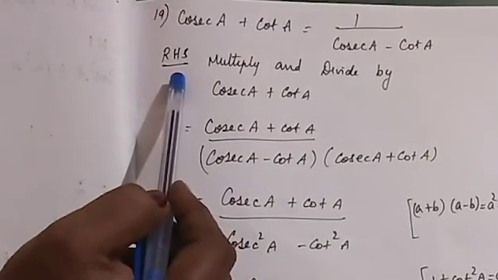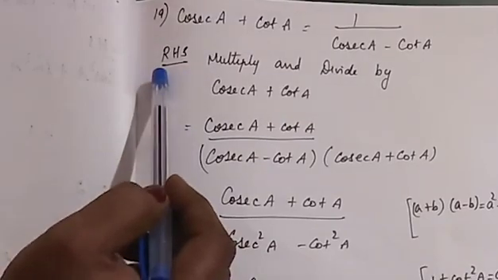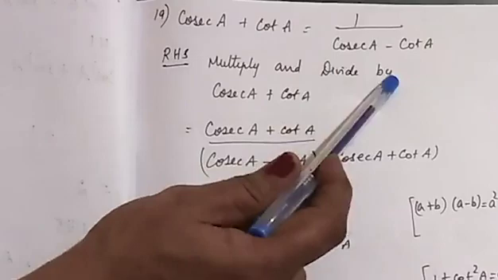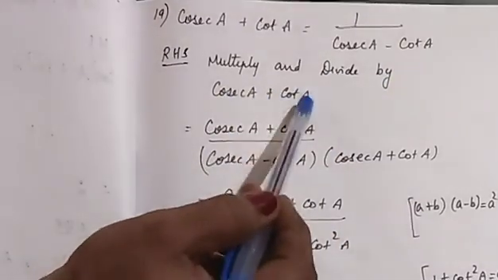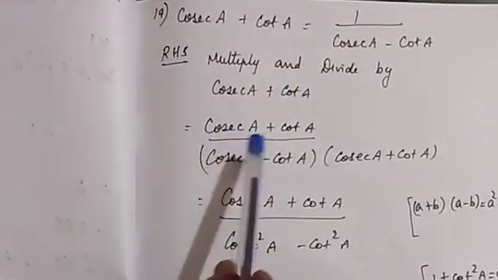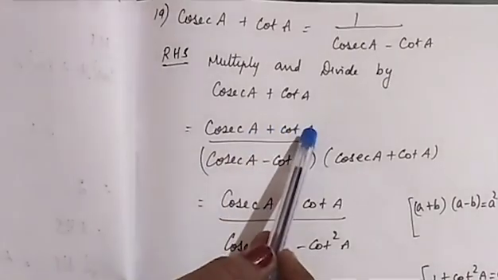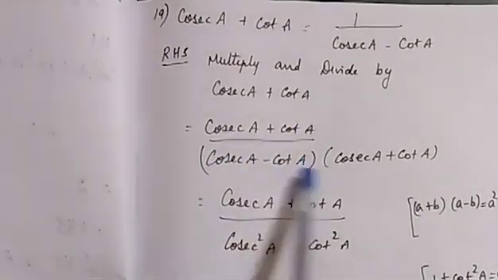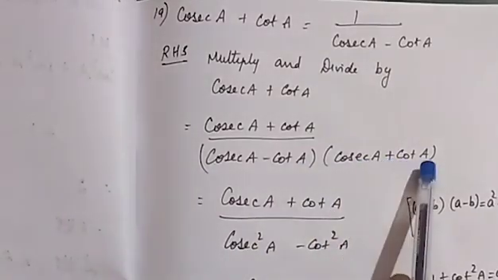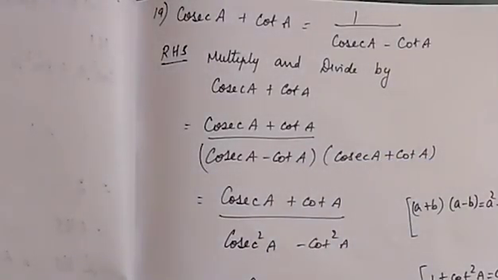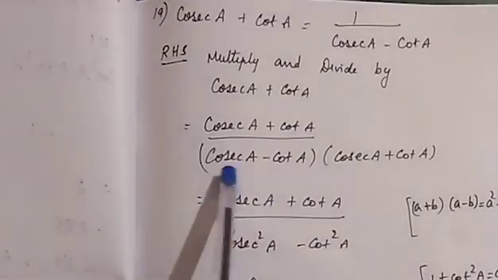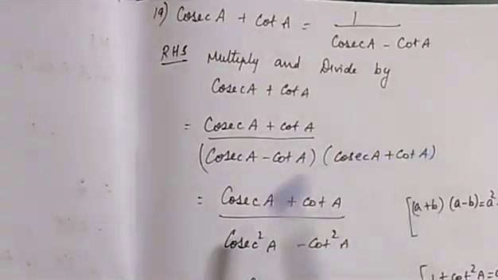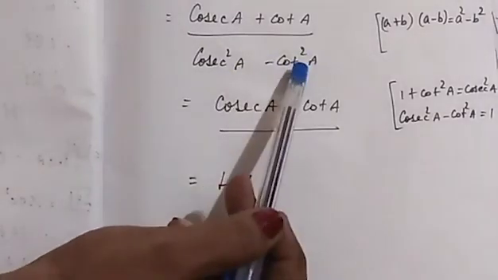Okay, we have taken the right hand side. Multiply and divide by cosecant A plus cot A. Now see, cosecant A plus cot A upon cosecant A minus cot A into cosecant A plus cot A you will get. Okay, now see the denominator, A minus B and A plus B, that is equal to A squared minus B squared.